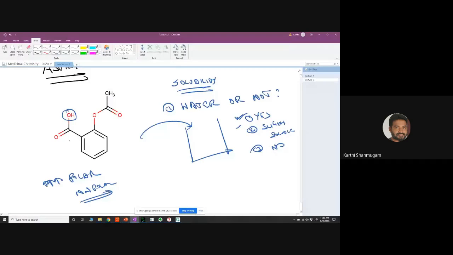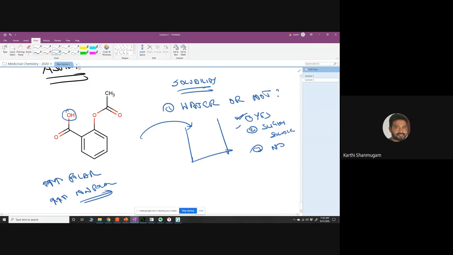On the other hand, if more non-polar functional groups are present compared to polar ones, then the molecule has more chance to dissolve in organic solvent. If we find equal proportions of polar and non-polar functional groups, the molecule can be partially soluble in water and partially soluble in organic solvent, right?